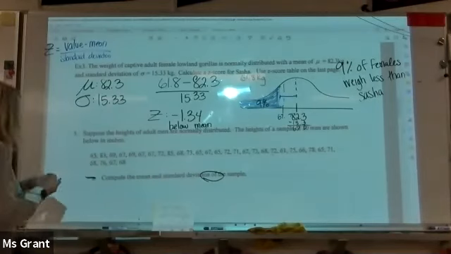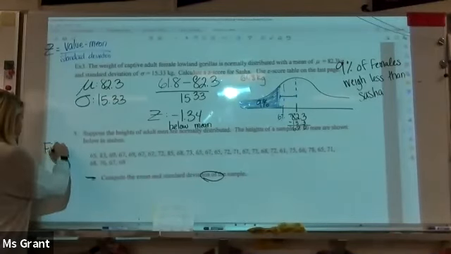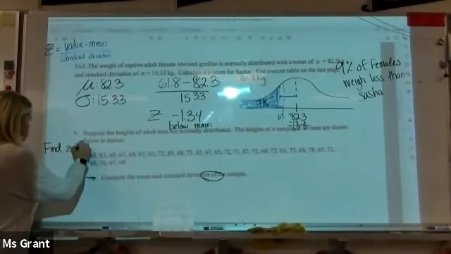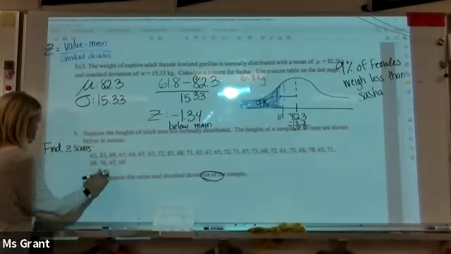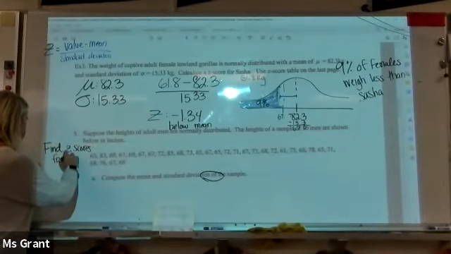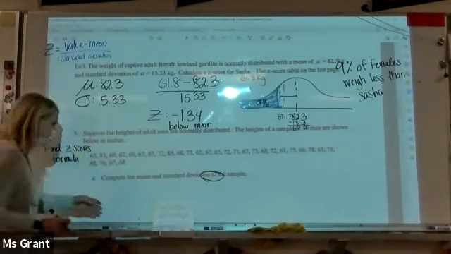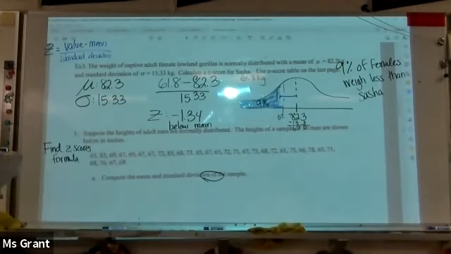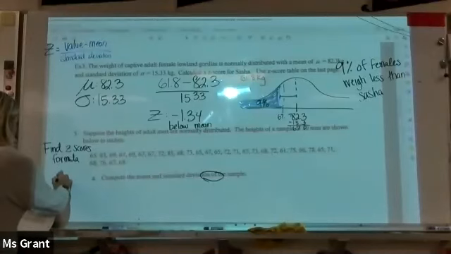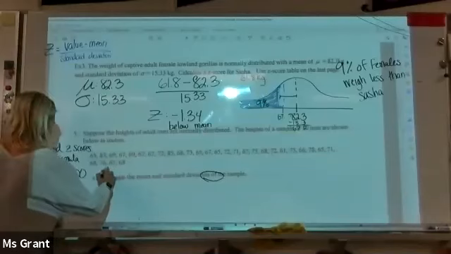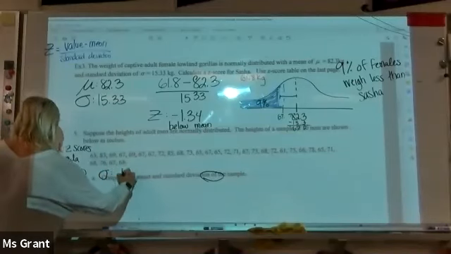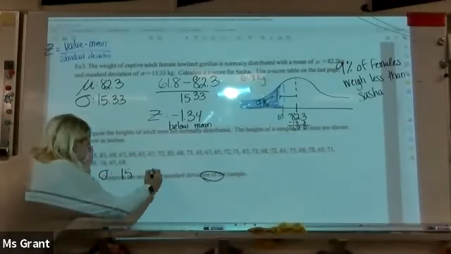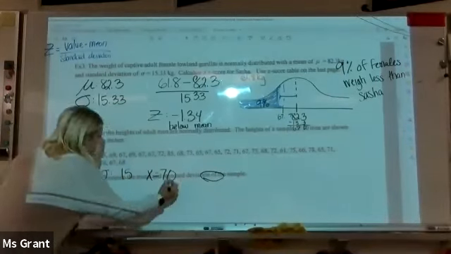We practiced finding z-scores using a formula. And if I gave you something that looked like this, actually you'll see it on your homework, and I said, this is what? And x equals 70.